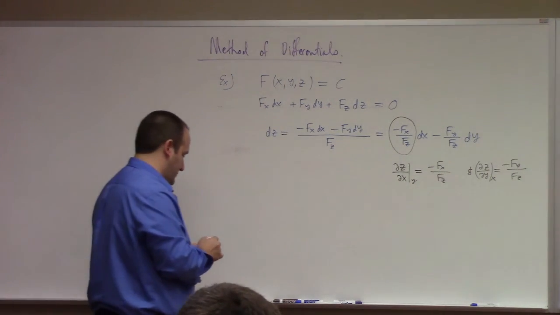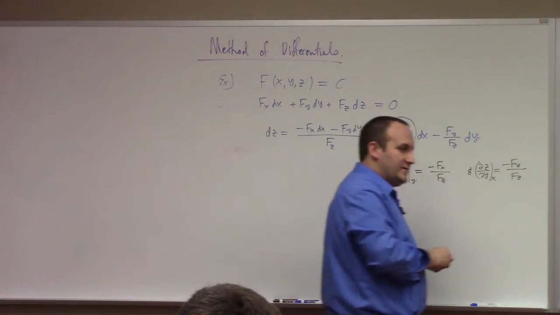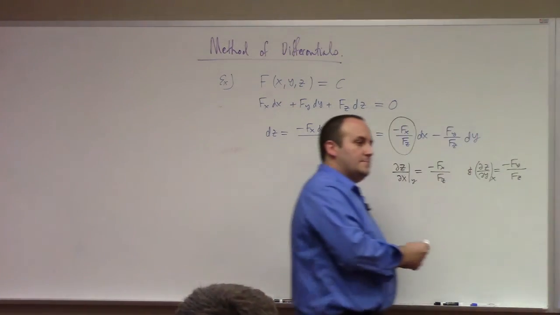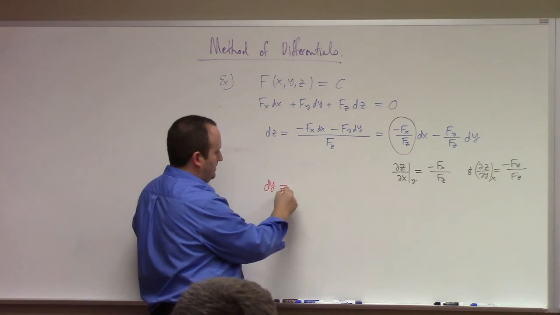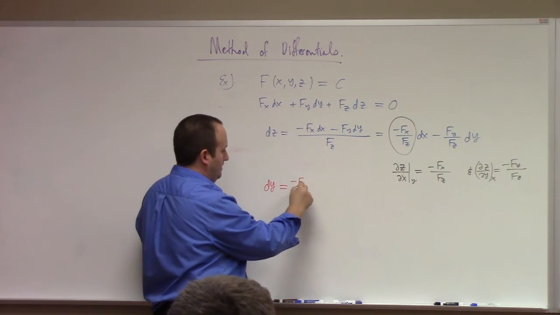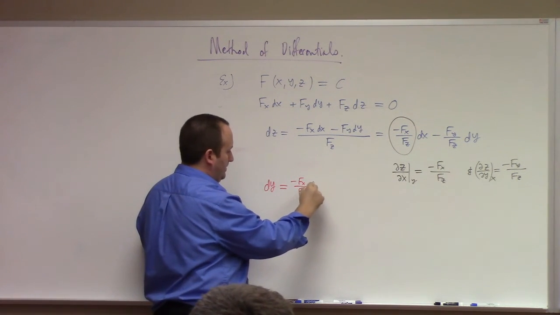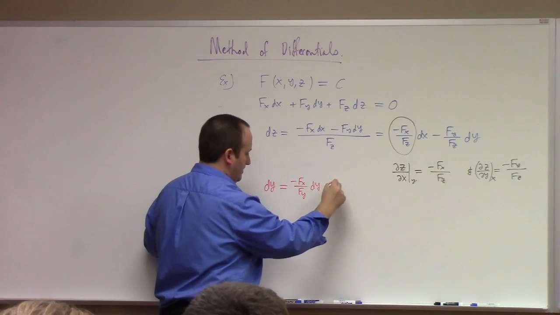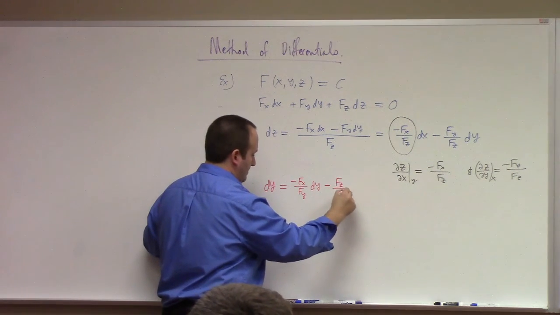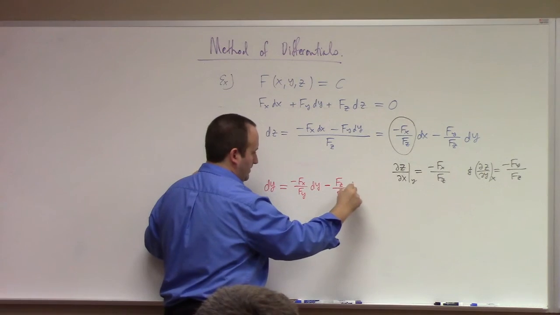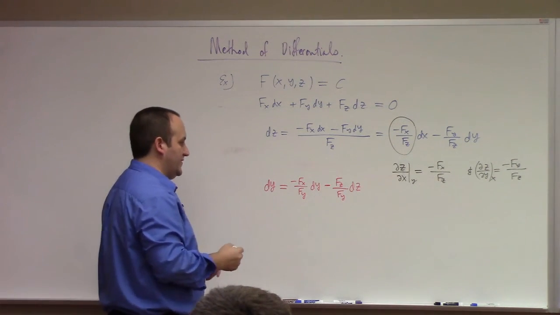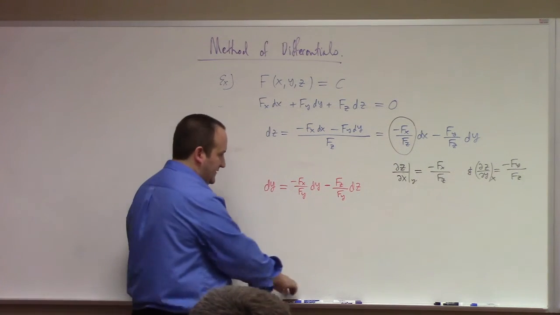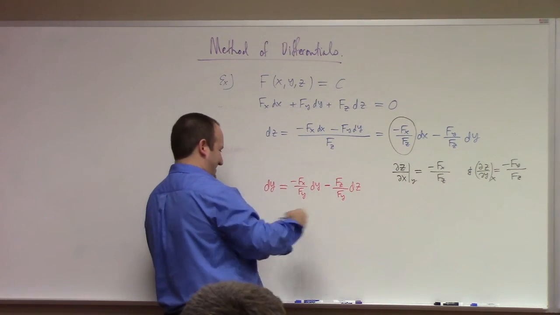All right. What if we solve for dy? What would the significance of that be? Let me just pick one. What's the significance of, for example, this coefficient right here?